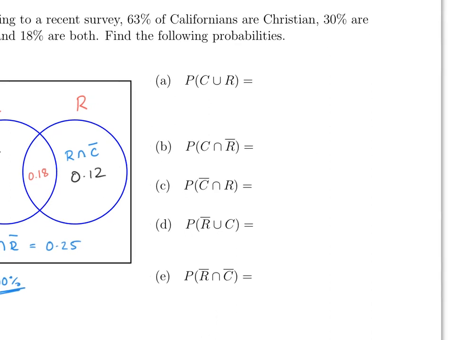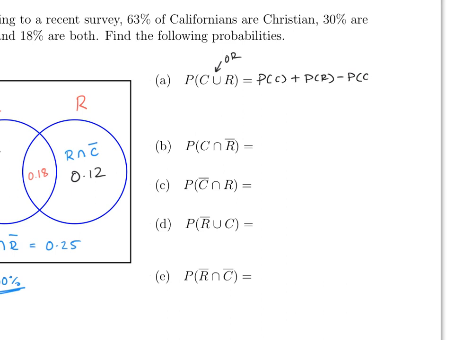Part A, again, the happy face, is asking you what's the probability that C will happen or R will happen. Just write the formula again. And now you have all the information. All you have to do is plug it in. What is the probability that somebody is Christian? 63%.